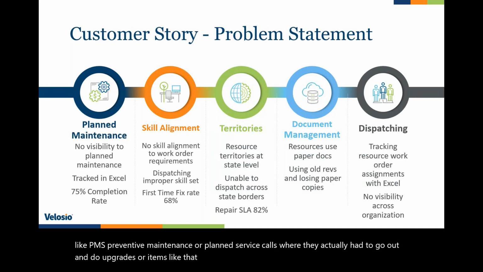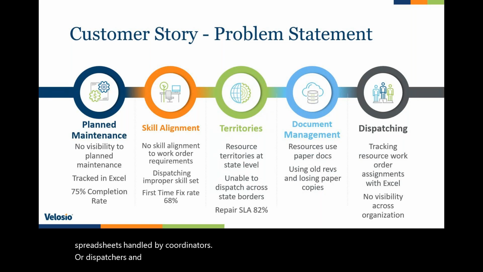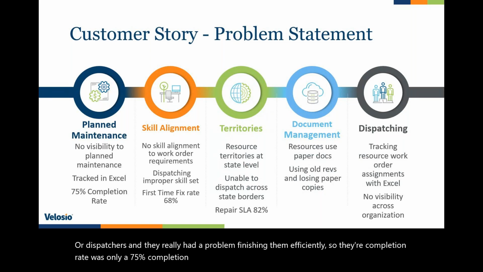They had no visibility on the planned maintenance. It was spreadsheets handled by coordinators or dispatchers, and they really had a problem finishing them efficiently. So their completion rate was only a 75% completion rate, finishing these on time.